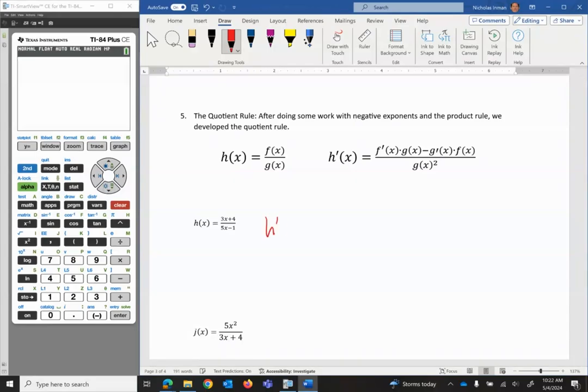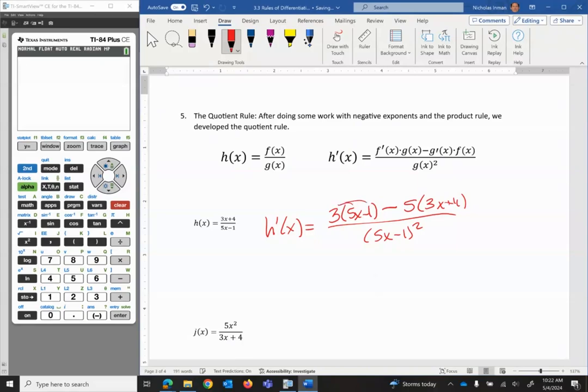H prime here: the derivative of the top, the derivative of 3x plus 4, is just 3 times the bottom left alone, minus the derivative of the bottom times the top left alone, over the bottom squared. Now we can try to simplify this a little bit.